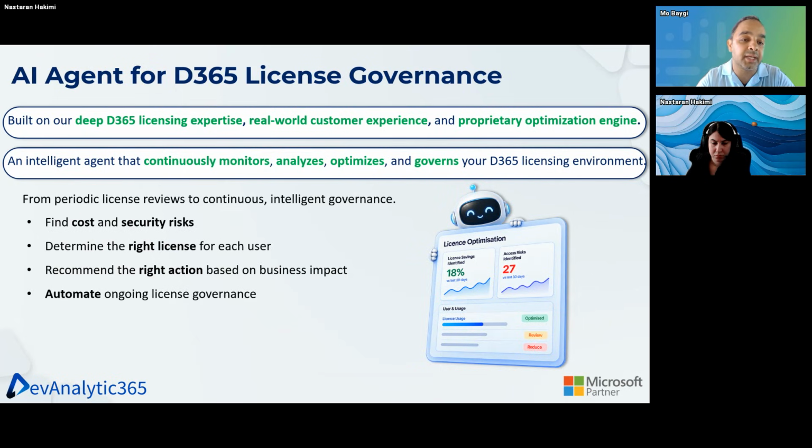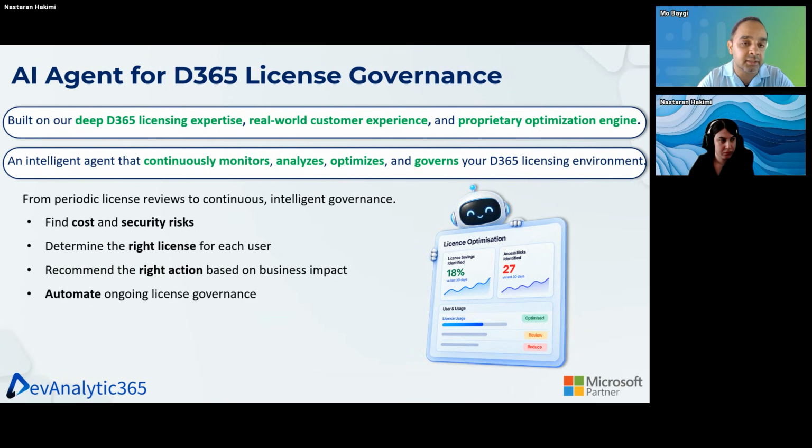The agent will go in and explore what privileges and menu items you can potentially remove from a user without any impact on their day-to-day usage of D365. And then eventually it automates ongoing license governance. We are going to have a full demo of the agent, how it works.